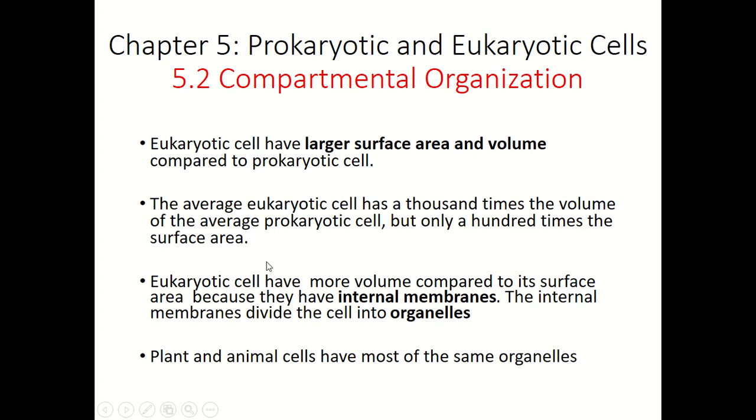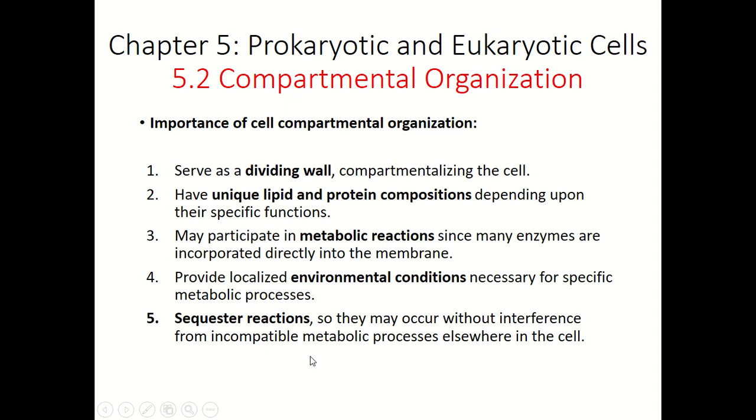Plant and animal cells have most of the same organelles. So what is the importance of the internal membranes or the cell compartmental organization? First, it serves as a dividing wall, and it also has a unique lipid and protein composition depending on its specific function.